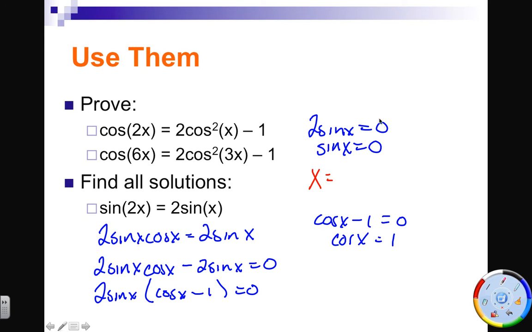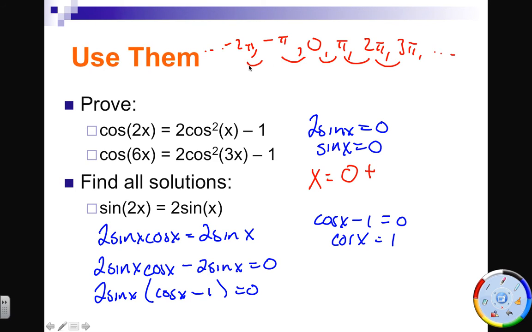Now, if you notice, I have 0, pi, 2 pi, 3 pi, dot, dot, dot. And if I went backwards, negative pi, negative 2 pi, dot, dot, dot. This is going to continue, and I could write this as, starting with the smallest one, 0, plus, I just want to see how far apart these all are. I noticed that all of them are pi units apart.